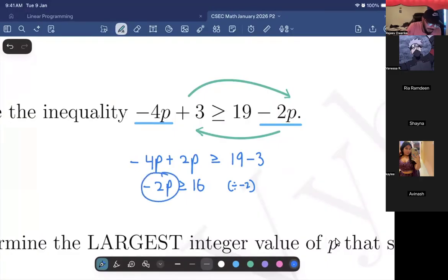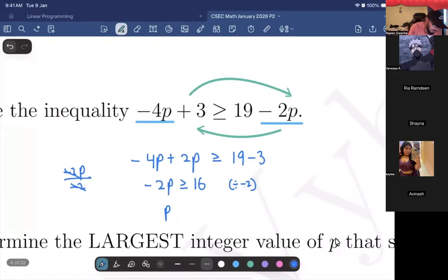What is negative 2p over negative 2? It's going to cancel out. So the only thing I'll have on this side is P, and 16 over negative 2 on the other.